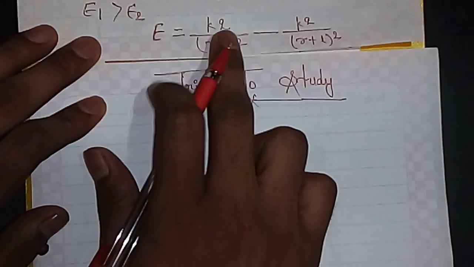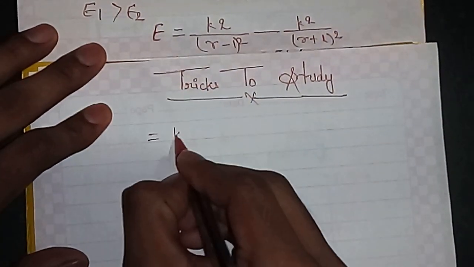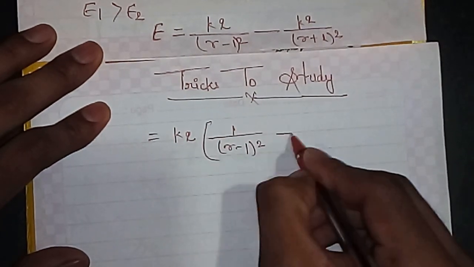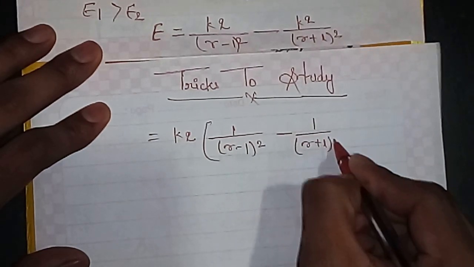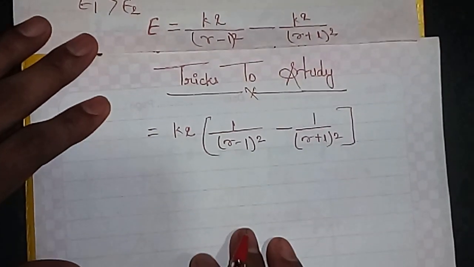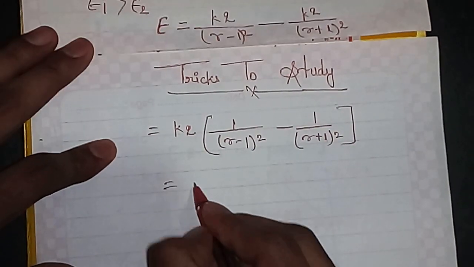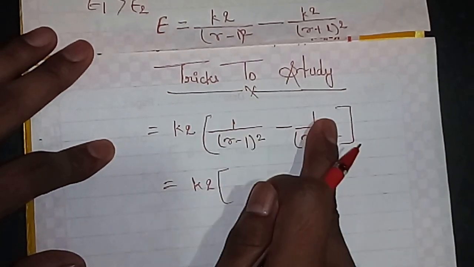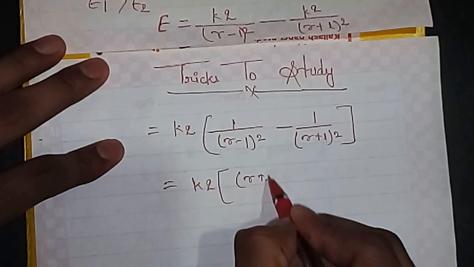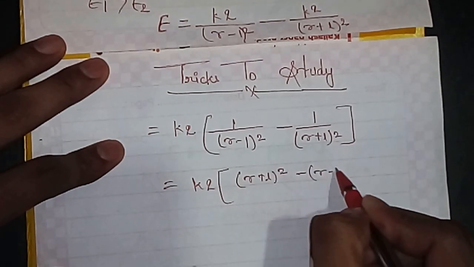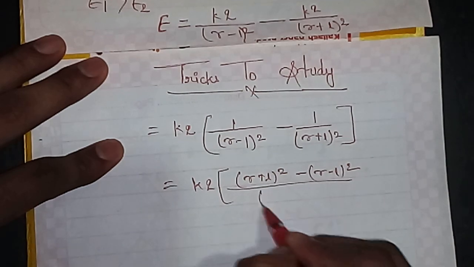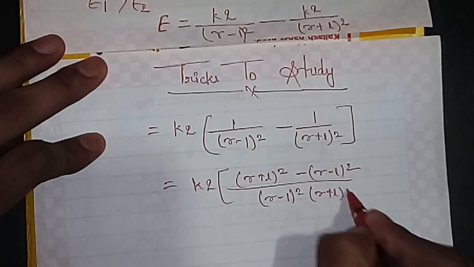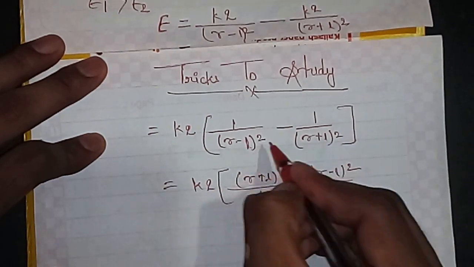Taking kq common, E is equal to kq [1 upon (r minus L) square minus 1 upon (r plus L) square]. After solving, this becomes kq [(r plus L) square minus (r minus L) square] upon [(r minus L)(r plus L)] whole square.